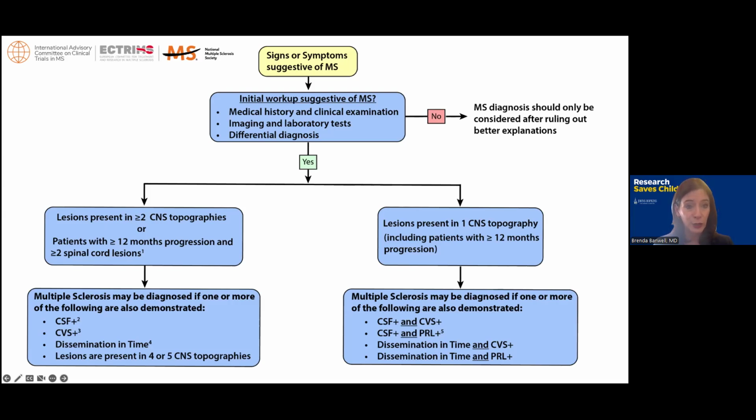And finally, and new to the current criteria, if someone has lesions that hit 4 of the 5 topographies, that's all they need once you've made sure that other diagnoses have been excluded.